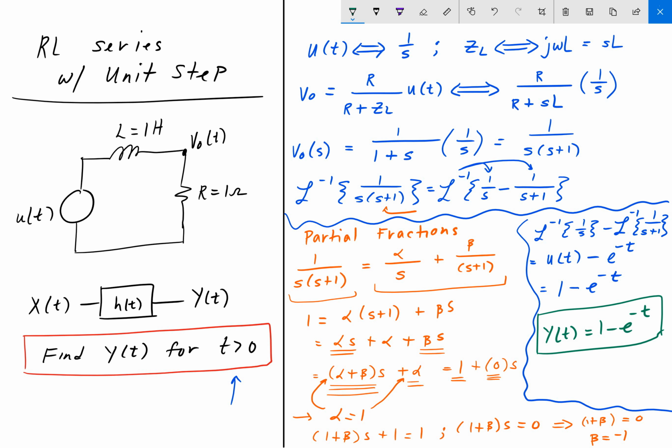So this was what seemed to be a pretty simple problem, kind of got ugly in the middle with the partial fractions, but we have to remember to use all the tools that we have in our toolbox in order to solve these problems. Simplify whenever possible. Again, we could have done convolution on this and done a convolution integral, and it would have been a little bit more difficult.